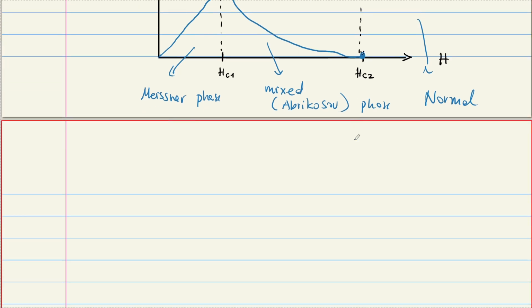Okay, let me first write the Ginzburg-Landau equation, which is 1 over 2m (p minus q over c A) acting on psi, plus a psi plus b psi squared psi, equal to 0.